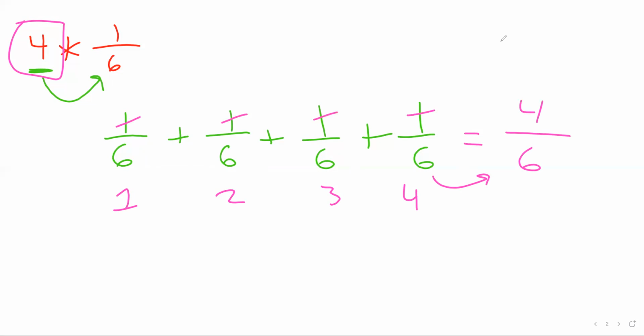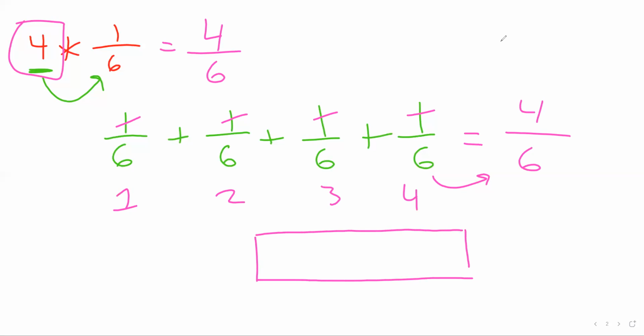Oh, okay. Well, 4 times 1/6 equals 4/6, which makes some sense because I have 4 1/6 units, right? If we thought about that as an array, rows and columns, well, let's see here. We have 1/6 across the top.